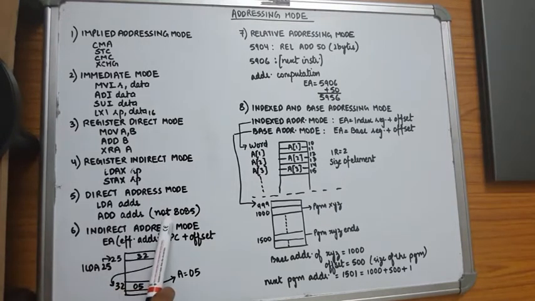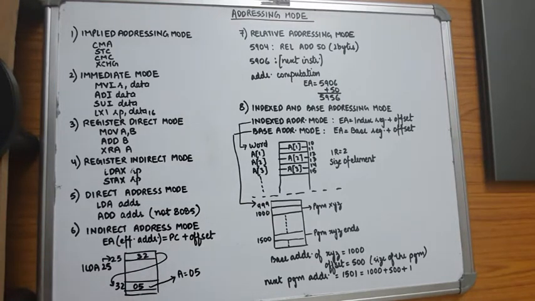ADD address is not an 8085 instruction, but it is available in some microprocessors and microcontrollers. This instruction says that you are required to add the contents of the accumulator with the contents that are placed on this address. So go to this address, bring the data from there, add it to the accumulator, and store it in the accumulator. So this is the direct address mode, where you are given the address itself in the instruction. Sixth is indirect address mode.